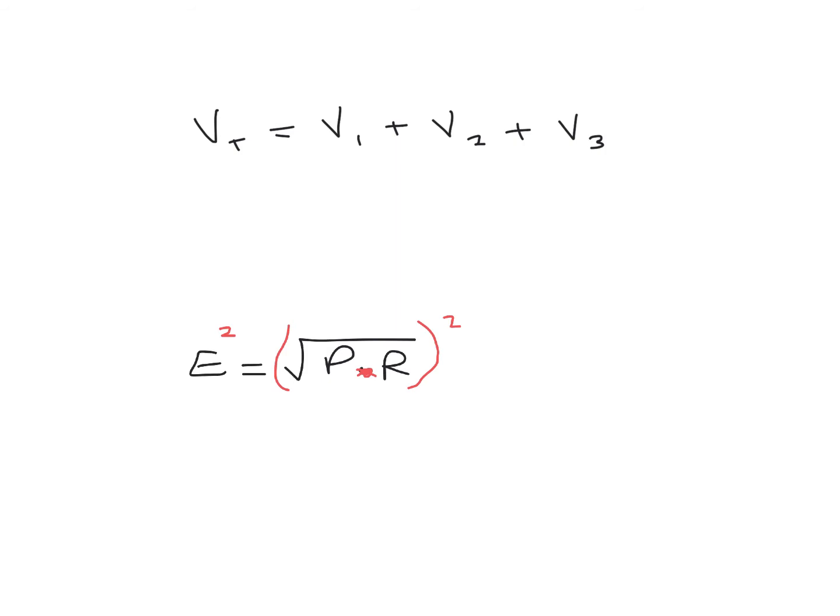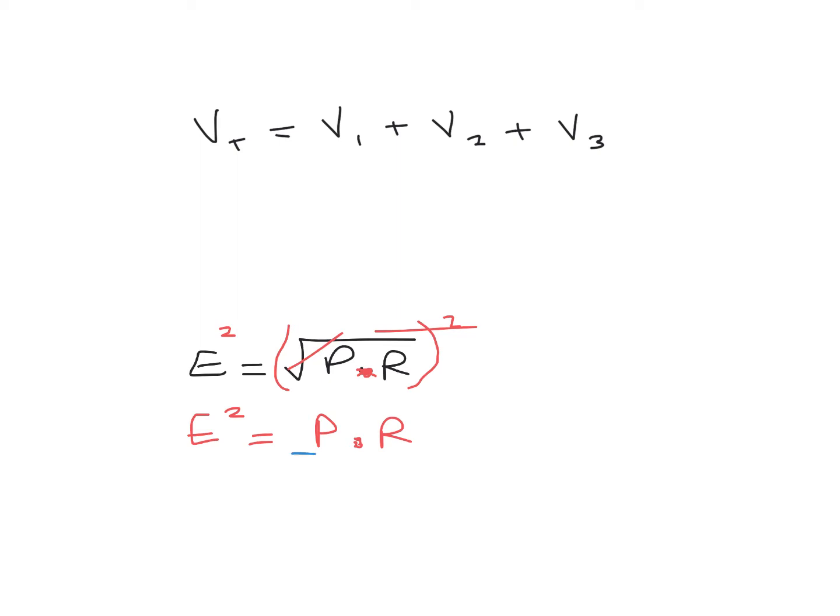What does that do to me? I now have voltage squared equals simply power times resistance, which is no longer trapped under a root sign. So if my job here is to solve for power, then I would get rid of my resistance.